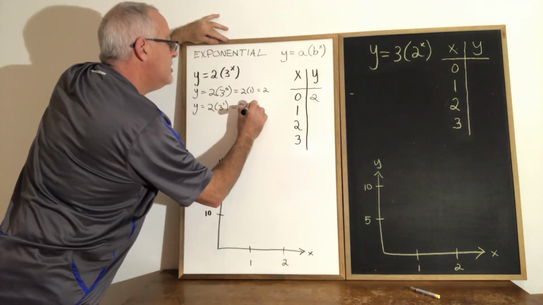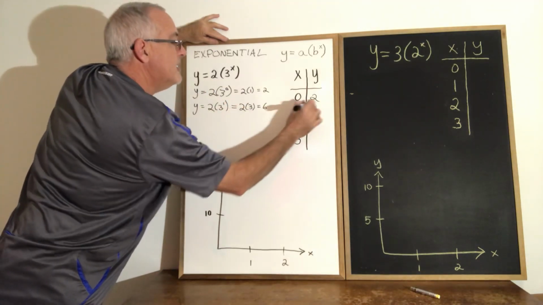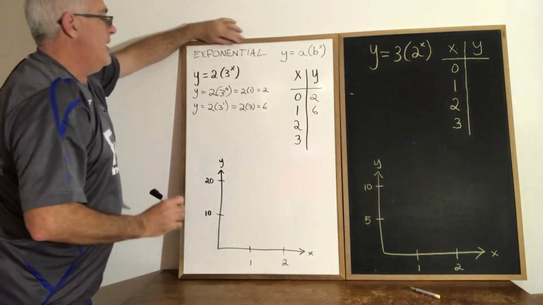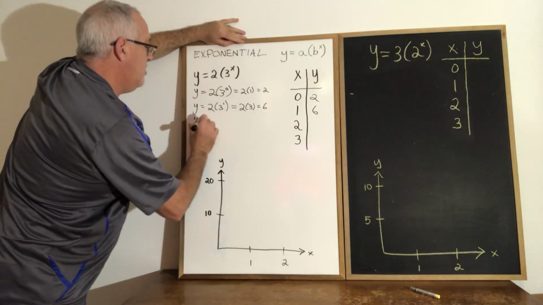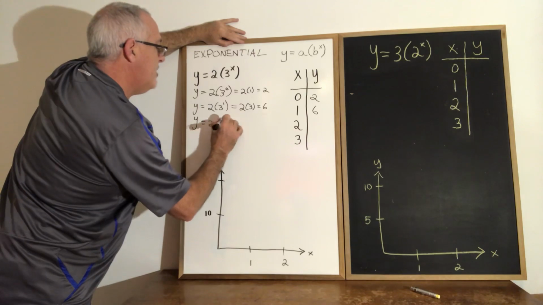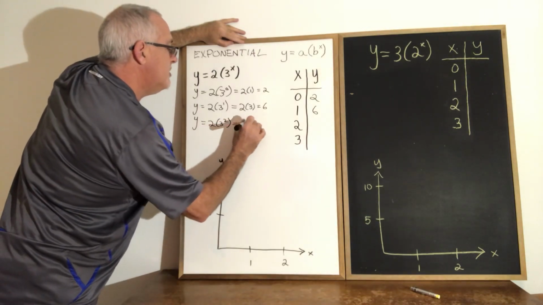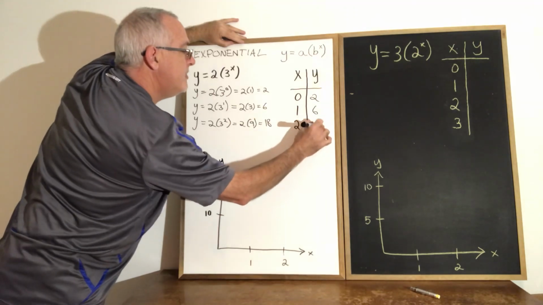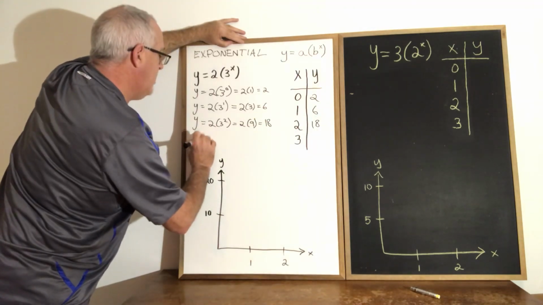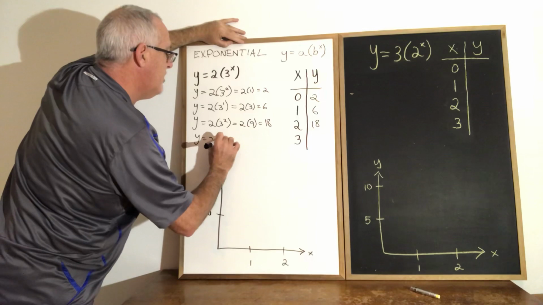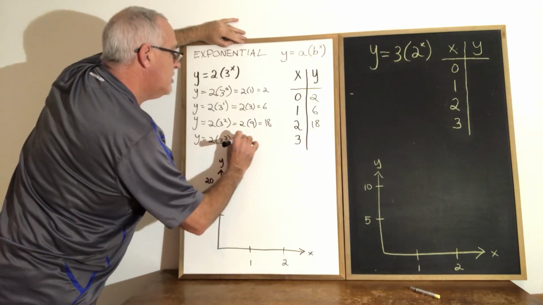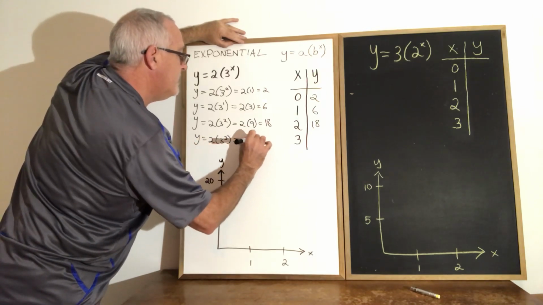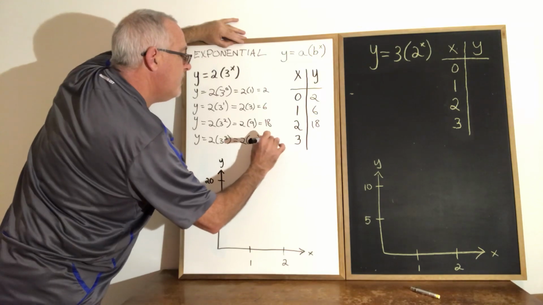I have 2 times 3, and I have 6. When x is equal to 2, y equals 2 times 3 squared, which is 2 times 9, which is 18. And when x is equal to 3, y equals 2 times 3 cubed, which is 2 times 27, which is 54.